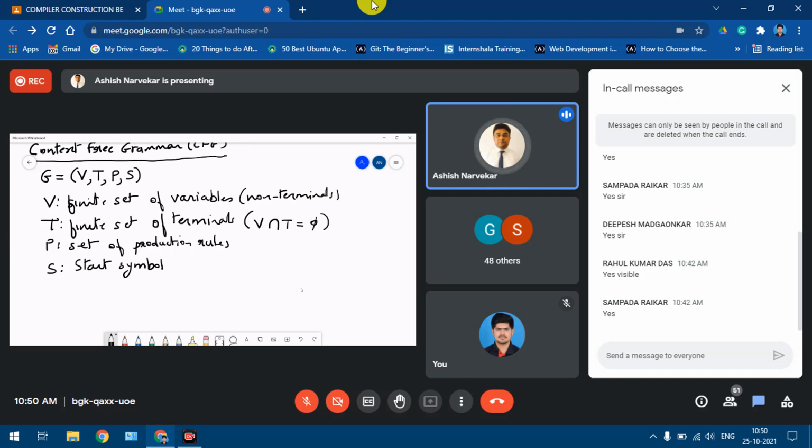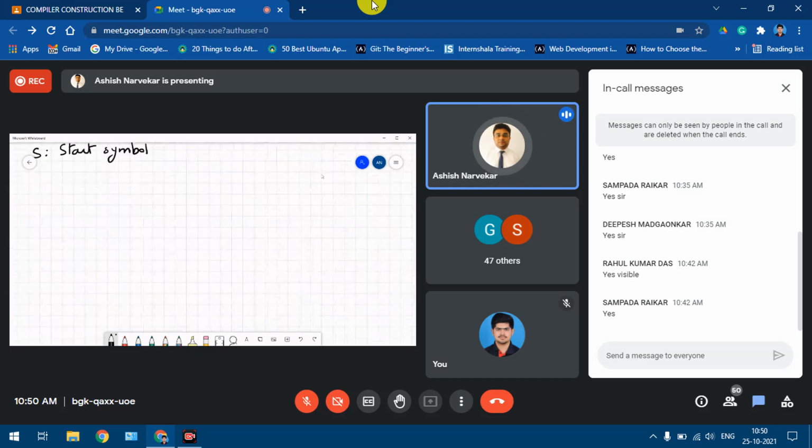In terms of set theory, which I believe you have studied in discrete mathematics, if you consider V as one set and T as another set, then their intersection should be empty. There cannot be any common symbols between these two sets. This is just a formal definition of what context-free grammar is.